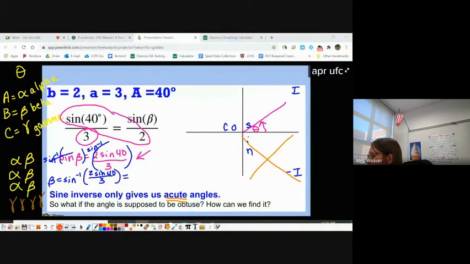Okay, so we learned at the beginning of the year that angles with the same reference angle have the same trig value.